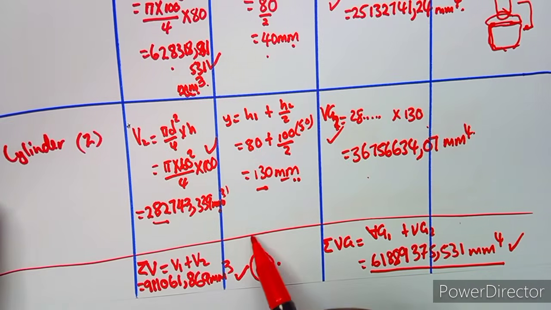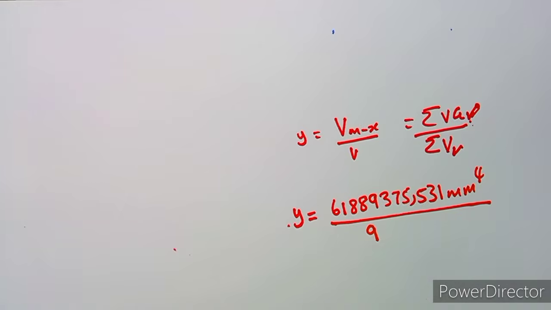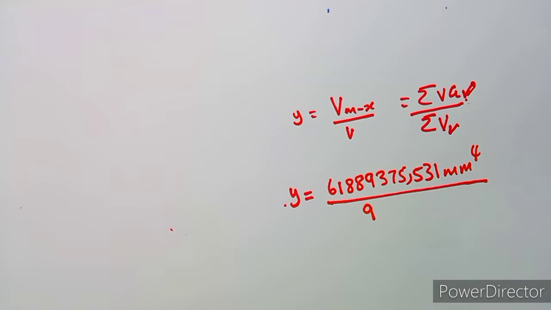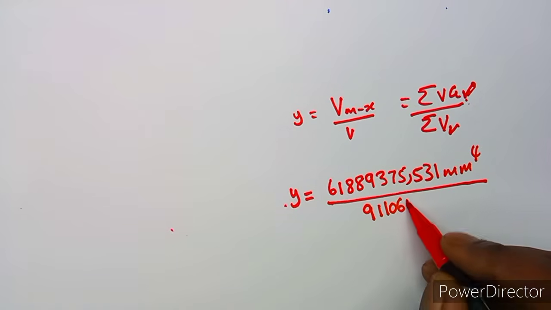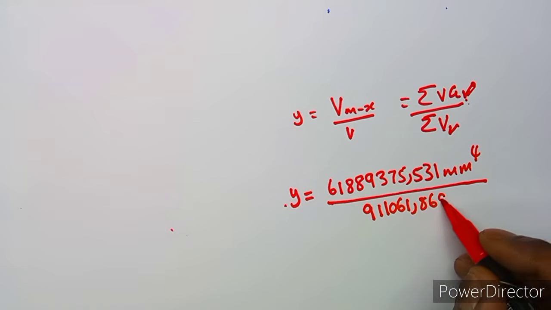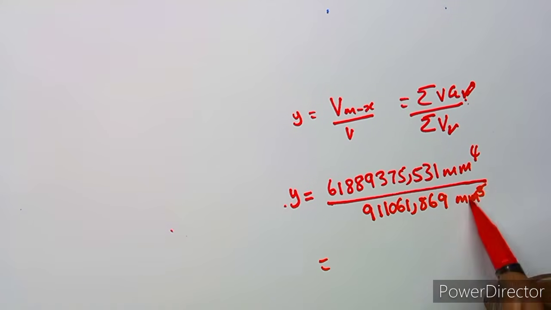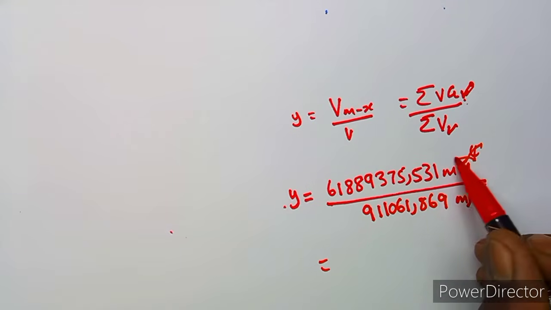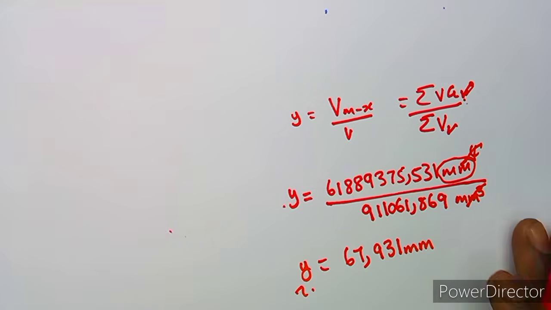This is the summation for total volume, which is something like 911,061.869 cubic millimeters. As you can see, guys, this is 3, this is 4, so you're left with millimeters here. So it's going to be 67.931 millimeters, something like that. That is your center of gravity.